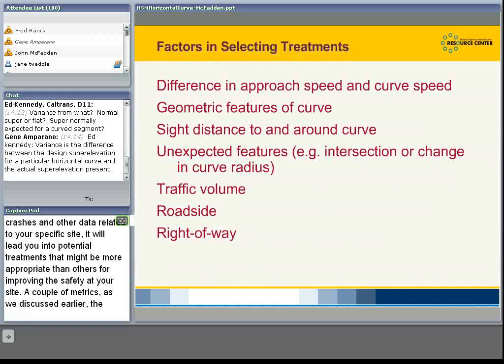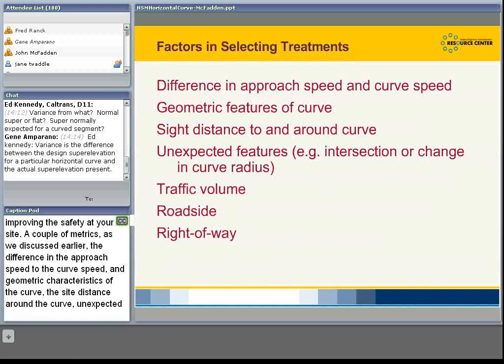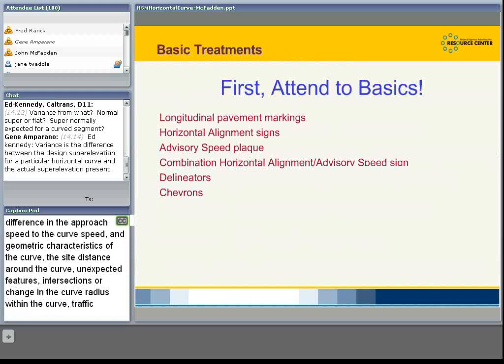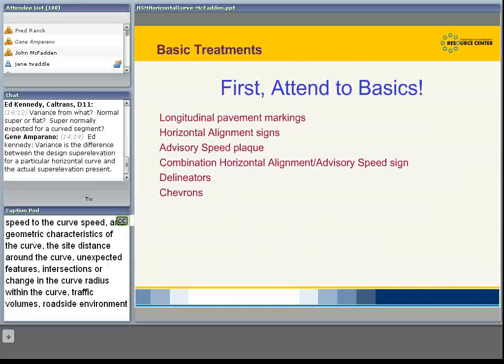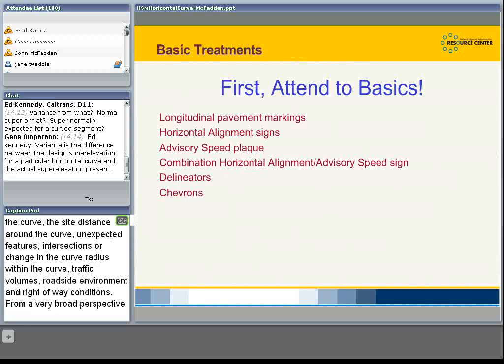Now, within those guidebooks are a set of treatments, and depending upon the types of crashes and other data related to your specific sites, it will lead you to potential treatments that may be more appropriate than others for improving the safety at your site.